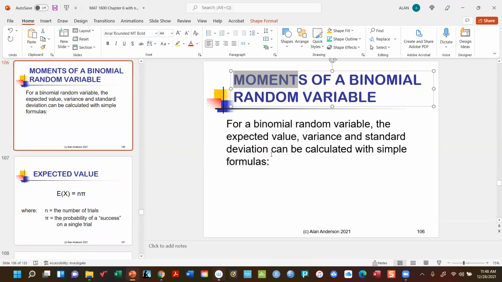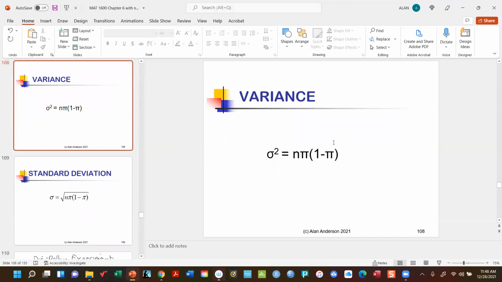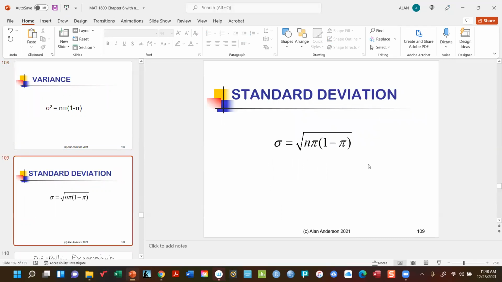So the formulas for the binomial, the expected value was simply n times pi. The variance was n times pi times 1 minus pi. And the standard deviation was this.